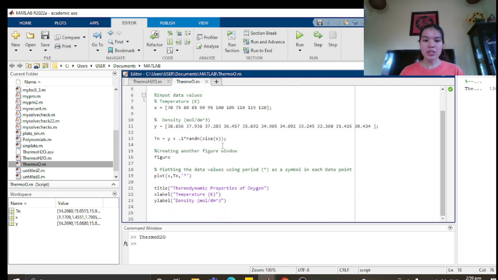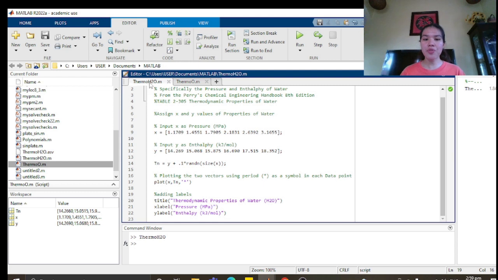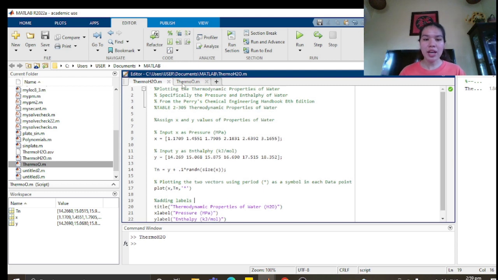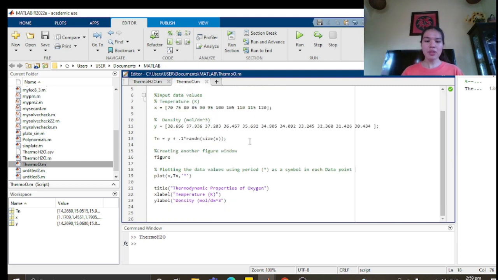Then we have the formula Tn, y plus 0.1 multiplied by rand of the size of x. Then we're going to create another figure window so that we can differentiate and compare the data from the thermodynamic properties of water and of oxygen.